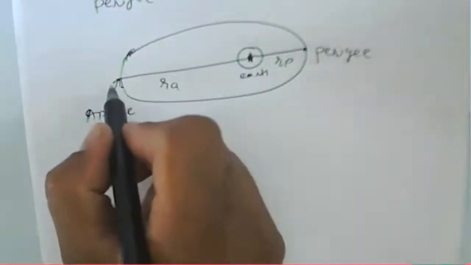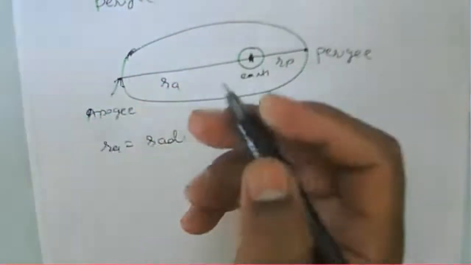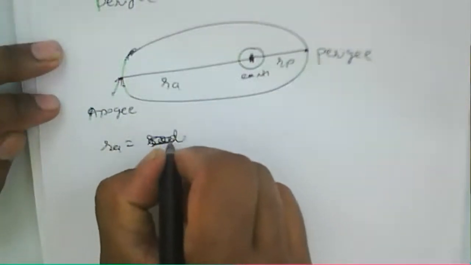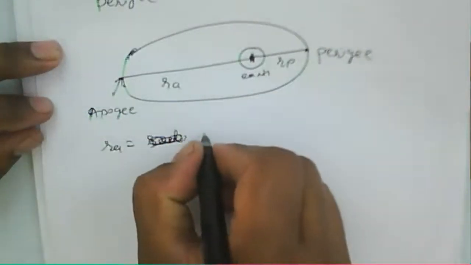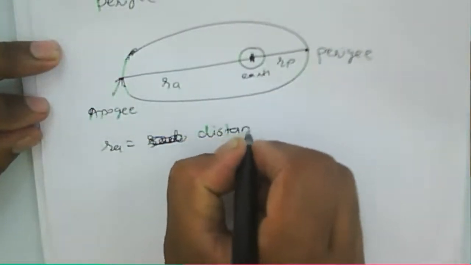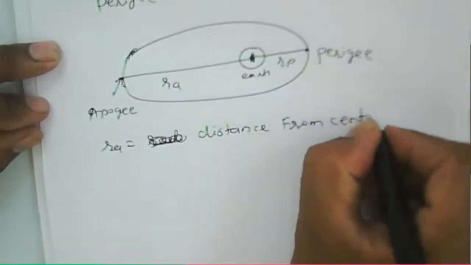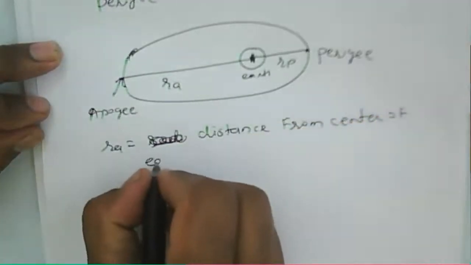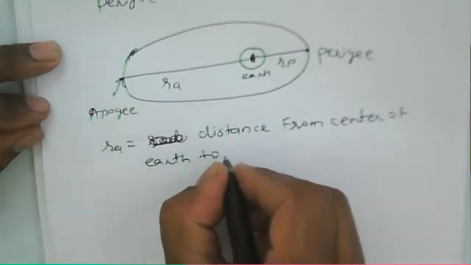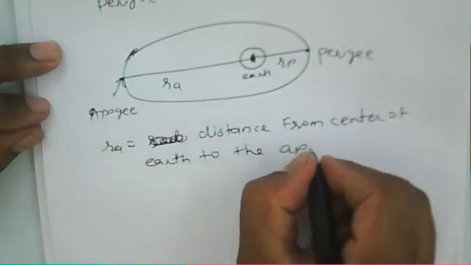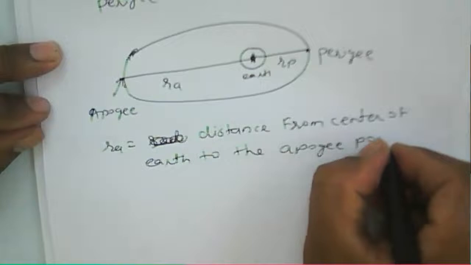From the center of the earth to this opposite point, instead of the word radius, we can use the distance from the center of earth to the apogee point.